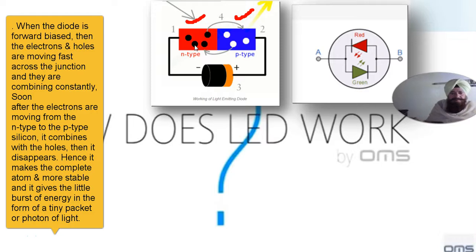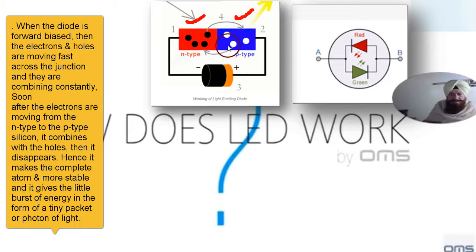When the diode is forward biased, how? P is made positive and N is made negative, then the electrons and holes move fast across the junction and combine constantly.